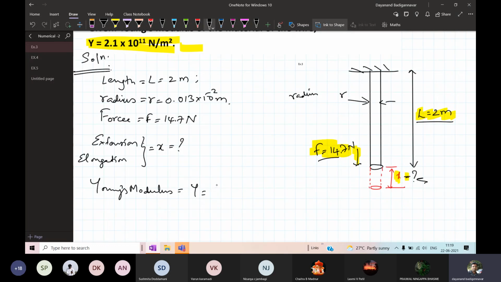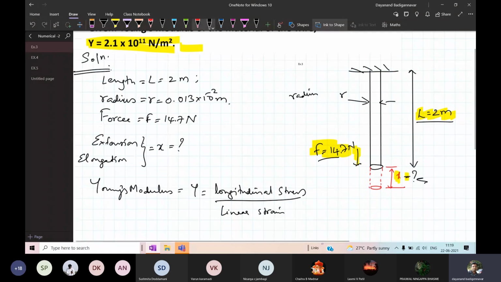Y equal to longitudinal stress divided by linear strain. Longitudinal stress I can write as force per unit area, and linear strain as the ratio of change in dimension to the original dimension.